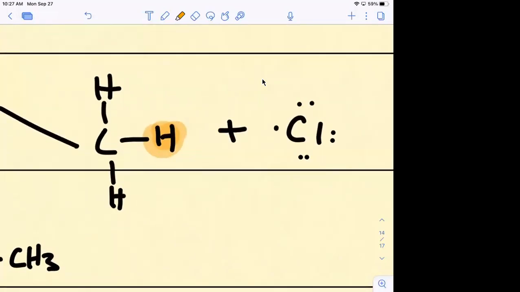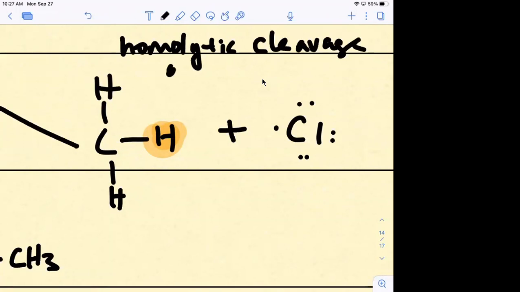So let's keep this in mind. Whenever I'm doing abstraction, I'm removing H dot homolytically, right? So this is homolytic cleavage of the C-H bond.